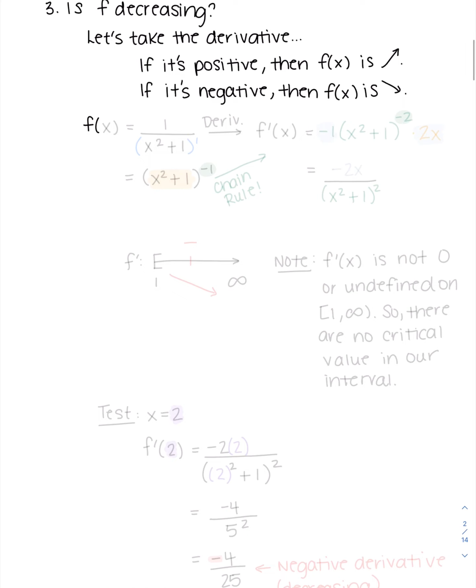So we've got our original function, f of x equals 1 over x squared plus 1, and we want to take its derivative. So we're looking for f prime of x. And there's a couple of ways to do this. I think the easiest way would be to rewrite the 1 over x squared plus 1 as an exponent. We'll rewrite it as x squared plus 1 to the negative first power, because when we bring up this piece, we would write it to the first power, but when we bring it up, it makes it the negative first power.